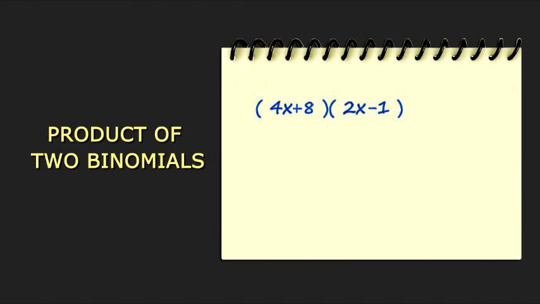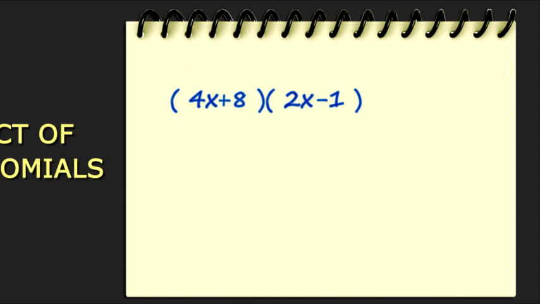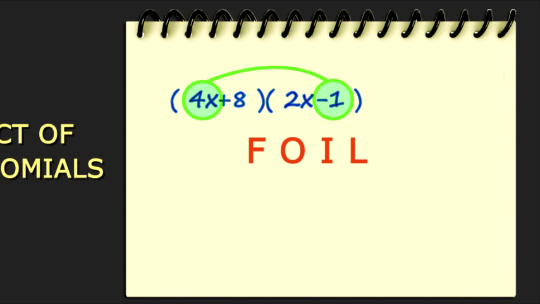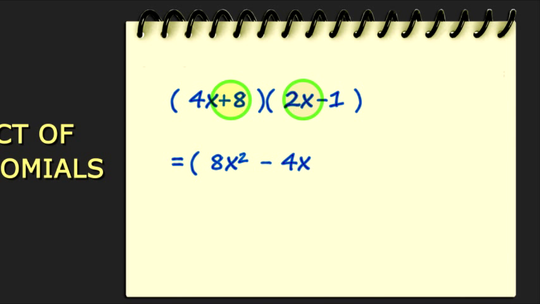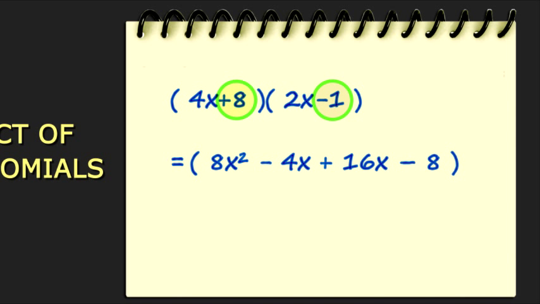Product of two binomials. To multiply these two binomials together, let's use the FOIL method, or first term, outer term, inner term, and last term. The product of the first term is 4x times 2x, or 8x squared, plus the product of the outer term, which is 4x times negative 1, or negative 4x, plus the product of the inner term, which is 8 times 2x, or 16x, plus apply to the last term 8 times negative 1, which is negative 8.